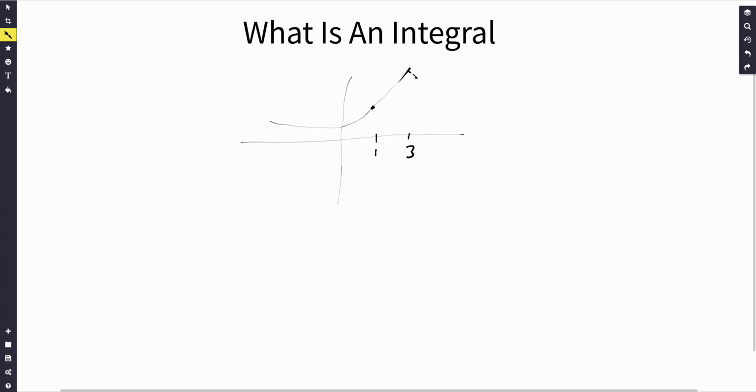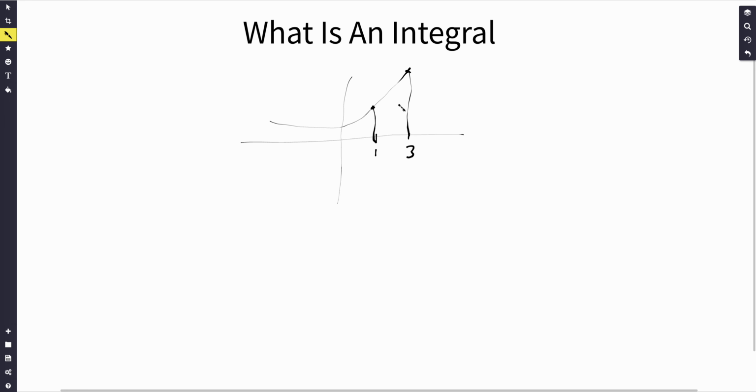Basically, what integration allows us to do is find the area from that point to that point under the graph. So that's what integration basically allows us to do.